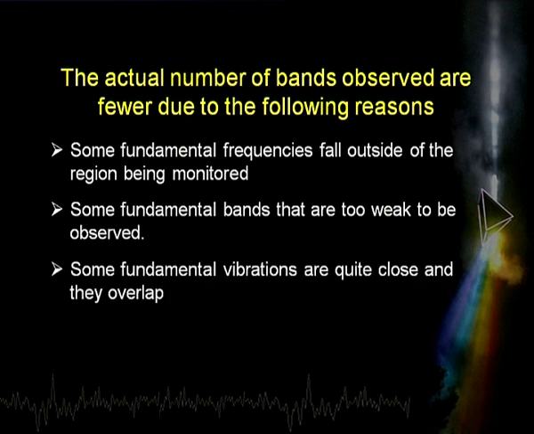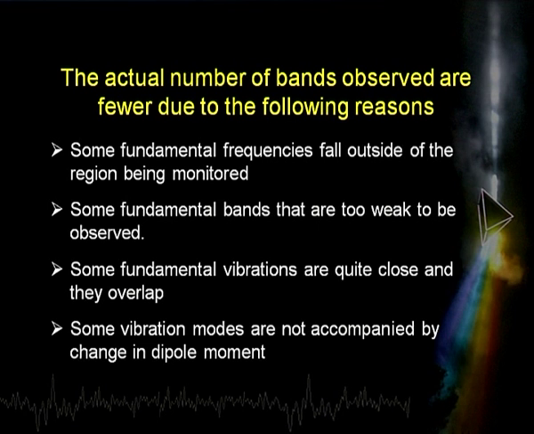The third possibility is that some fundamental vibrations are quite close and actually they overlap. That means there is one fundamental here, and another band's fundamental happens to be at the same frequency. So they will overlap and give us a signal which you can't differentiate. We can't say there are two different bands, they come as one single band. Yet another possibility is that some vibration modes are there, the molecule is vibrating, but that vibration is not accompanied by any change in dipole moment.